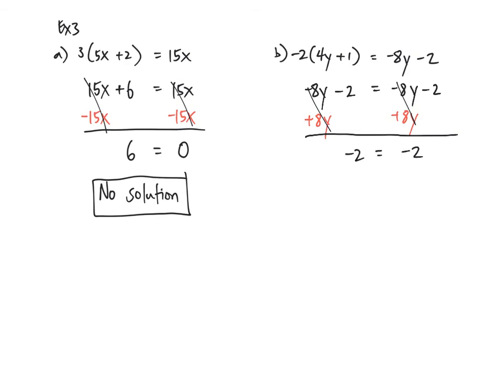Now, unlike the first problem where we ended up with 6 equals 0, which doesn't make sense, now we end up with -2 equals -2, which is always true. And so the way we interpret that is that no matter what y is, this equation is going to work out. So this is what we call an identity. And what an identity implies is that there are infinitely many solutions.